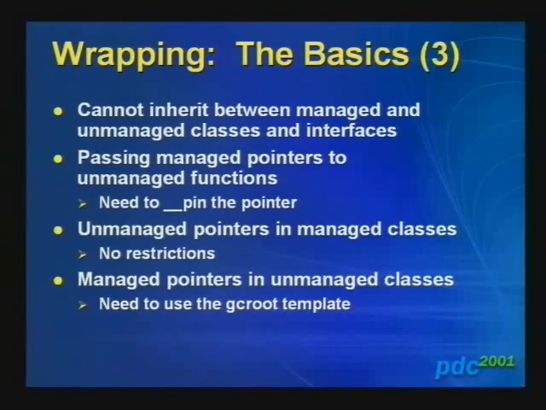To make it somewhat easier to use that, we have a GC root template, which you can find in the vcclr.h header. And that managed template allows you type-safe access to the GC root, to the GC handle object.